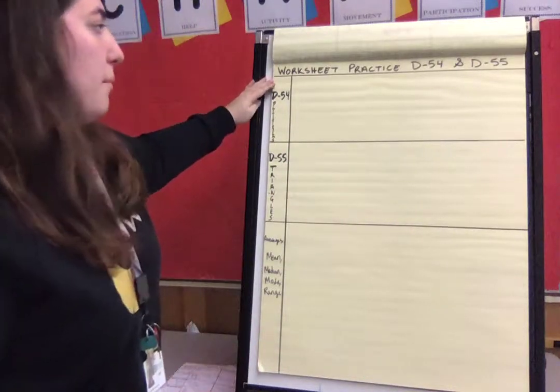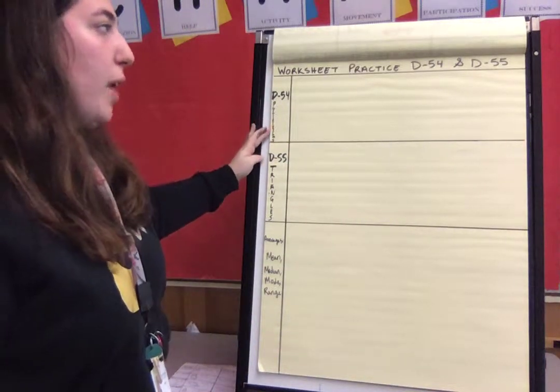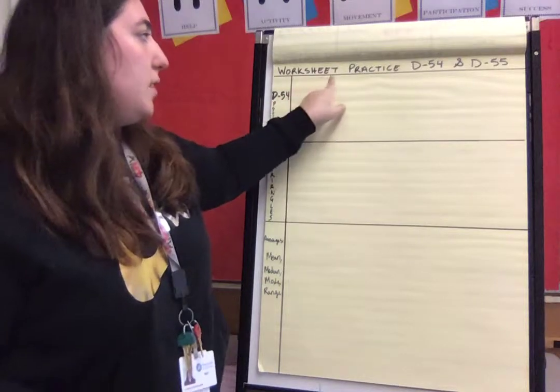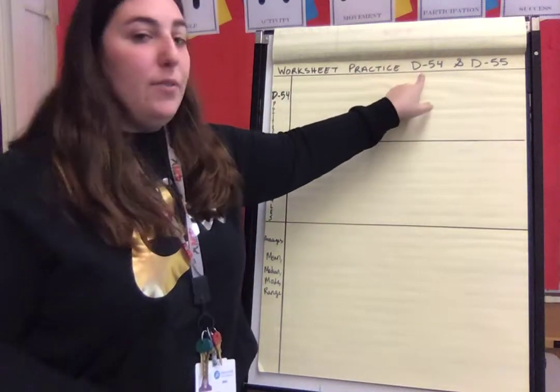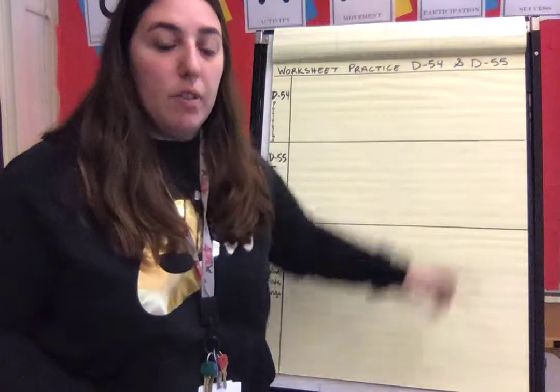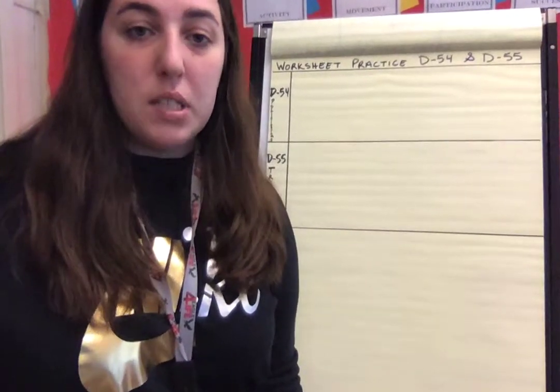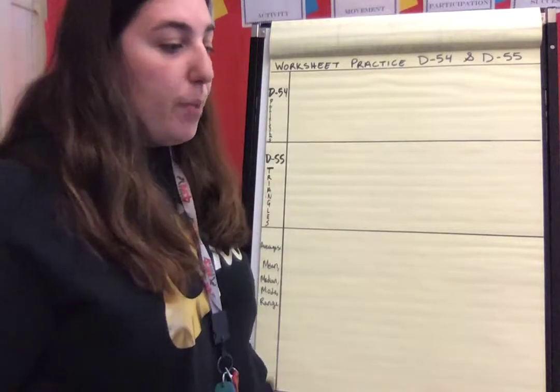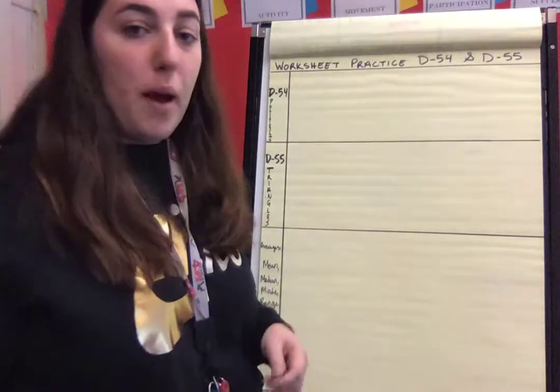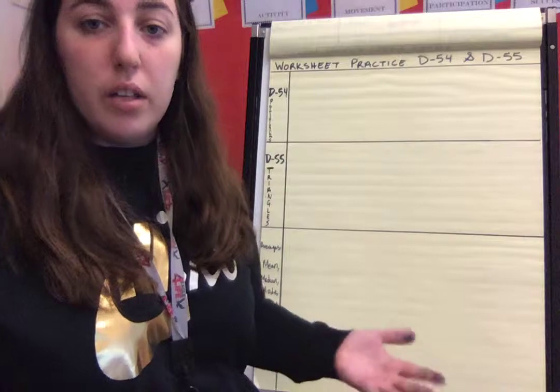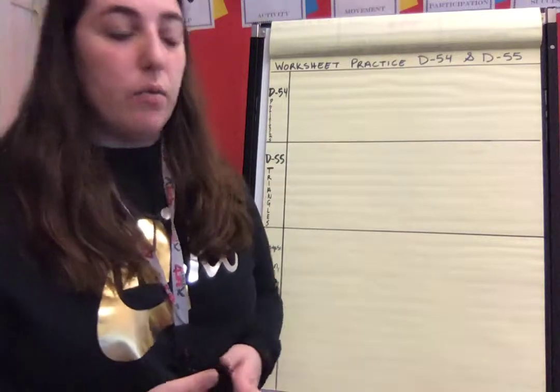All right, so we are now going to move on to worksheet practice. I have this labeled worksheet practice D54 and D55. This isn't formal notes. You are more than welcome to take them though. But I'm going to be working from our worksheet, so you can follow along in your worksheet, or you can write this down for notes.